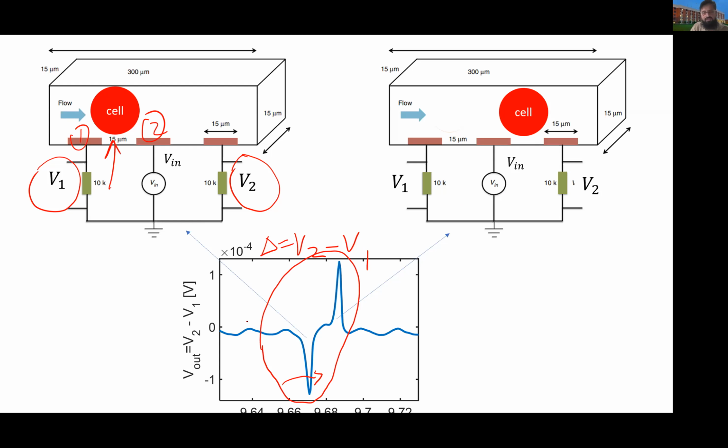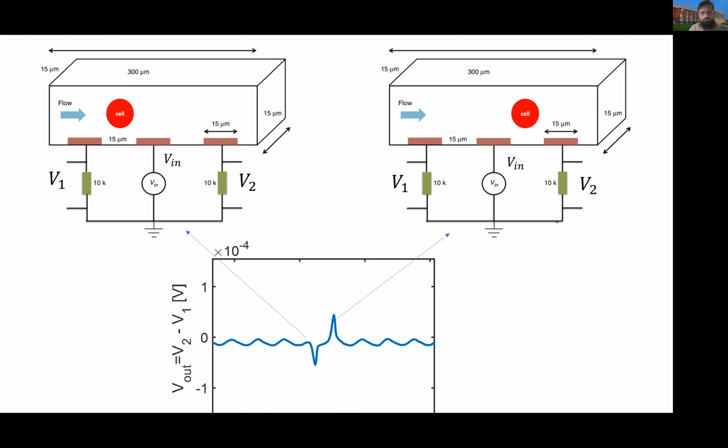So if you detect this thing on your output signal, you will say that I have got one cell. I have counted one cell. So that's how, one by one, you will count all the cells in the sample. So again, if the size of the cell is smaller, then the magnitude or the amplitude of the output signal will also be smaller. So that's how you will get a distribution of cells.